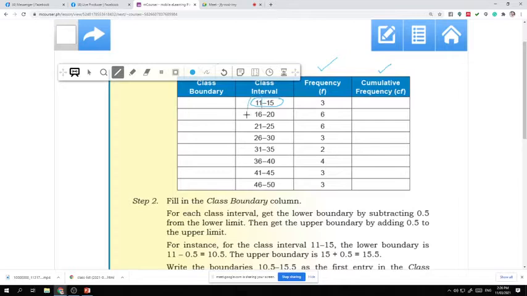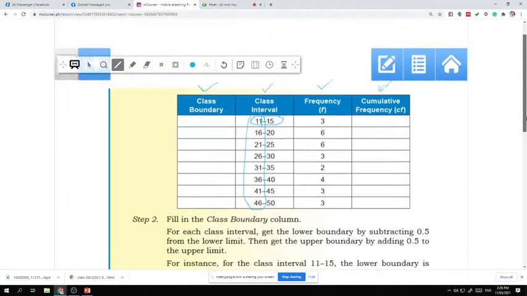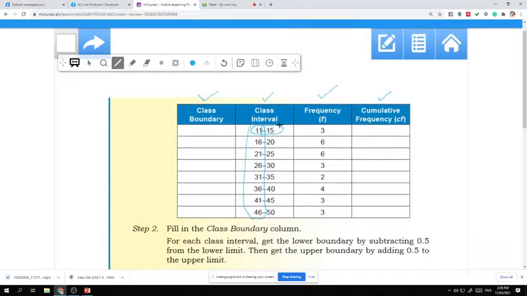These are the lower limits. The first numbers in our class interval, you call that the lower limit. Then the second numbers there, you call the upper limits. So, to get the lower boundary, you subtract 0.5 over here.